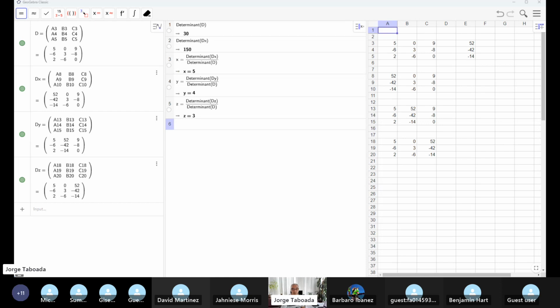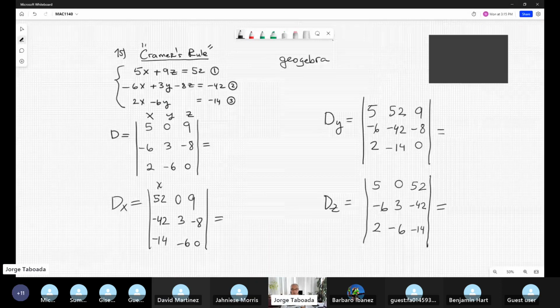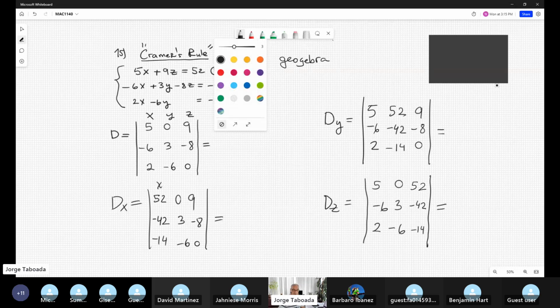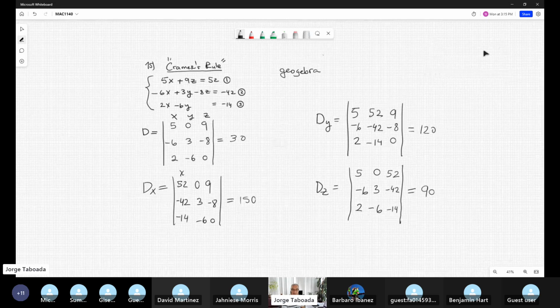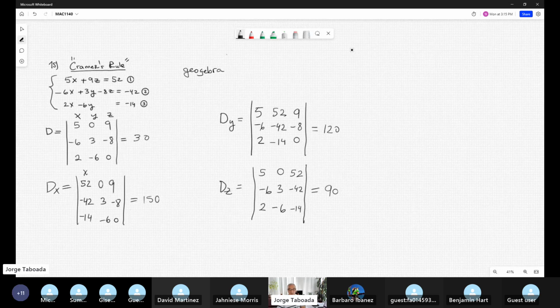Whiteboard. Do you see my whiteboard? The answers in this example were 30, 150, 120, and 90. When you apply the formula for the Cramer rule, x is equal to dx divided by d, which is 150 divided by 30, 5.